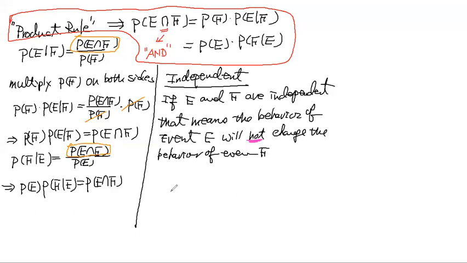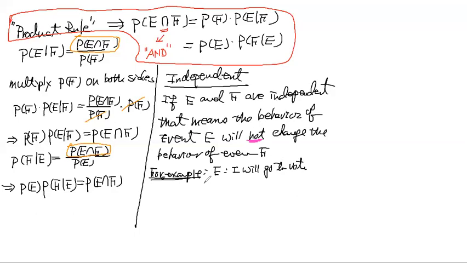So for example, let's use this example to look at what independence means. Event E is: I will go vote this year.